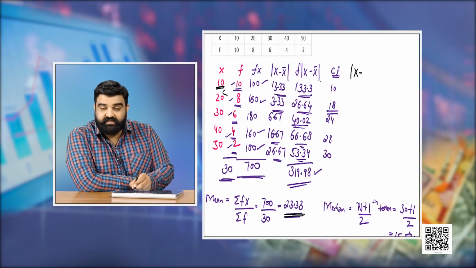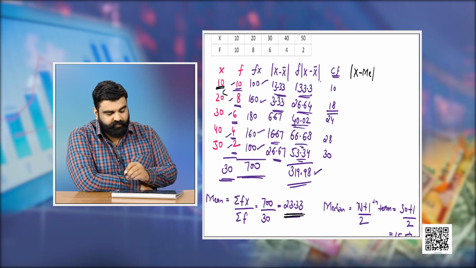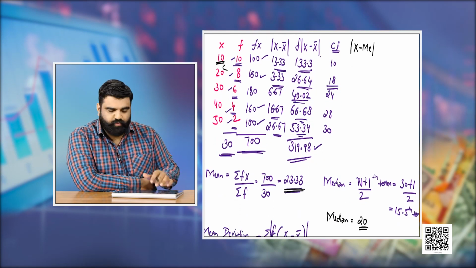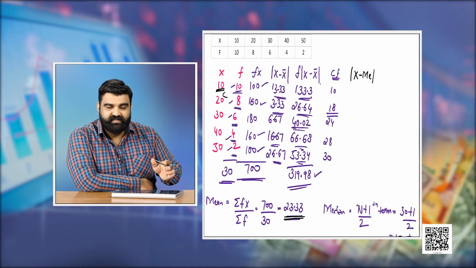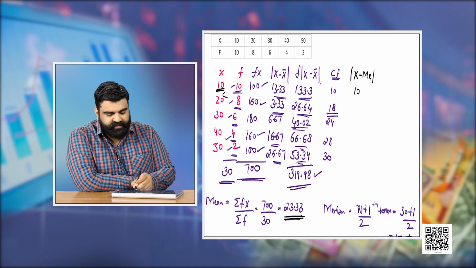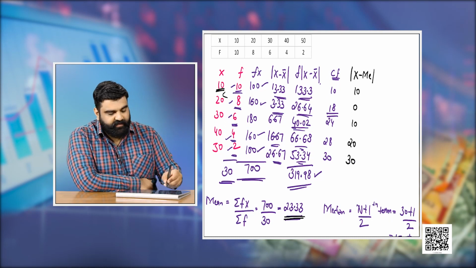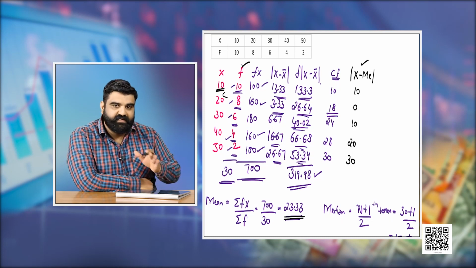So, now let us calculate the median. The median was 20. Now, let us calculate the difference between median and the series. So, we have x minus median. As our median is 20, the difference between x and median will be 10, 0, 10, 20 and 30. Now, let us multiply frequencies with the differences between the series and median.